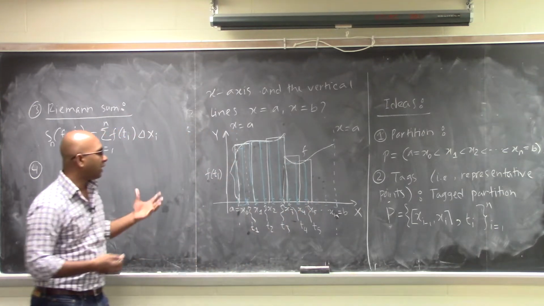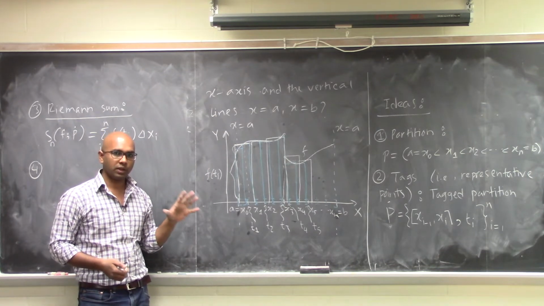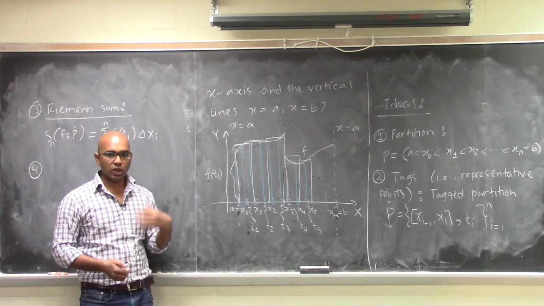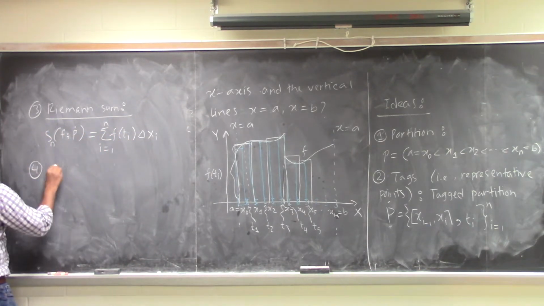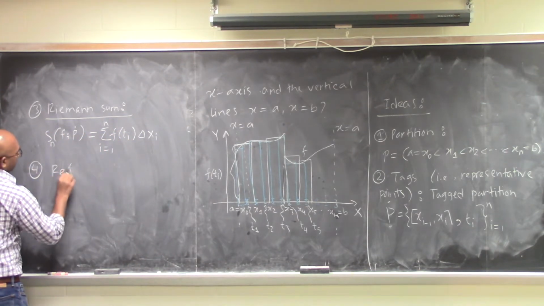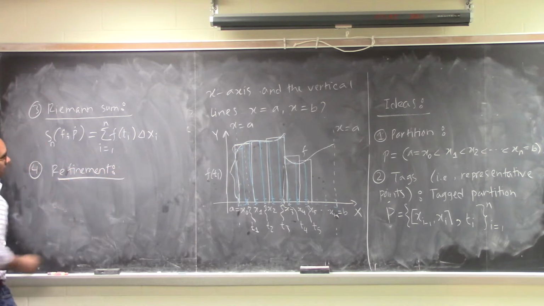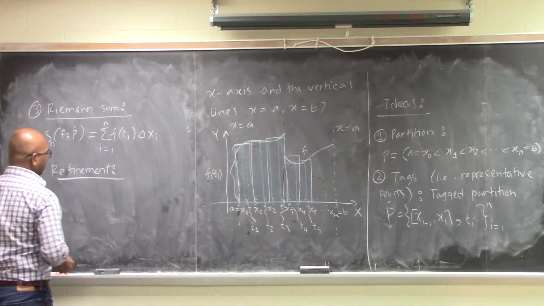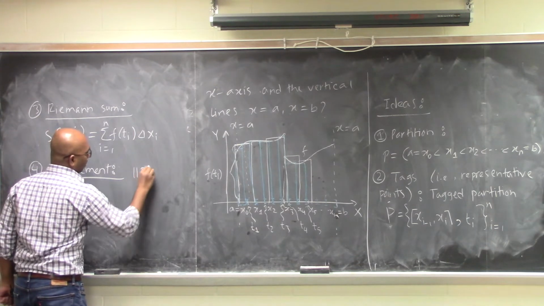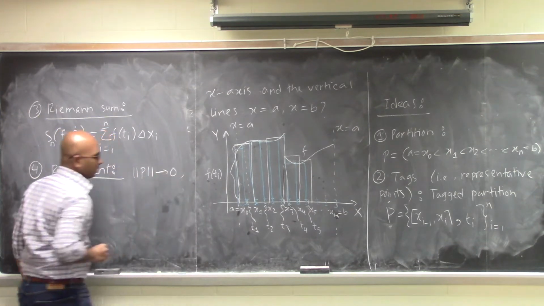So from here, what you have seen is you are actually minimizing the gaps, okay? You are refining your estimation. So that's the last thing. That is called refinement. And what this refinement means is you take the norm of your partition to go to 0.